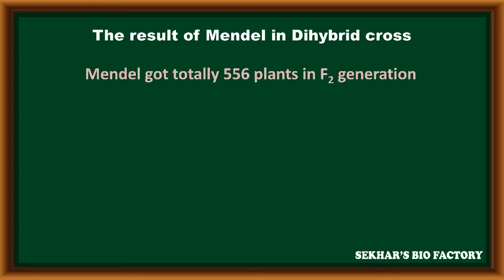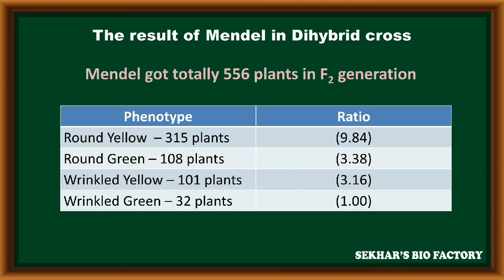In Mendel's dihybrid cross experiment, he got 556 plants in total in F2 generation. The result was like this. In F2 generation, the round yellow combinations are 350 plants and its ratio is calculated as 9.84.